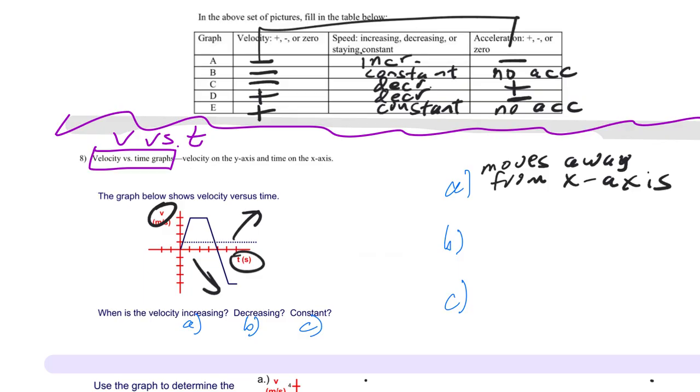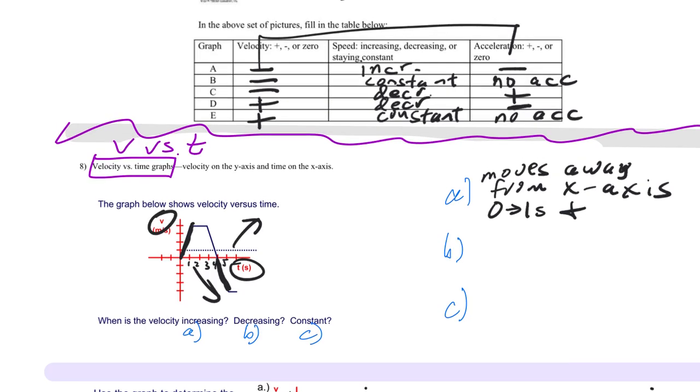Well, right there and right there. Okay, so I say these are seconds. That was 1, 2, 3, 4, 5. I say from 0 to 1 second, and from 4 to 5 seconds.